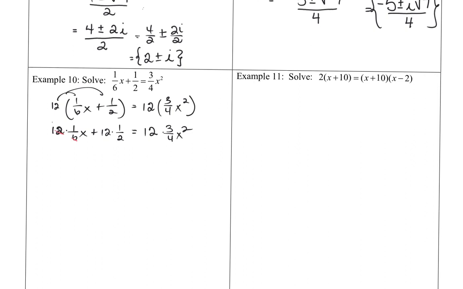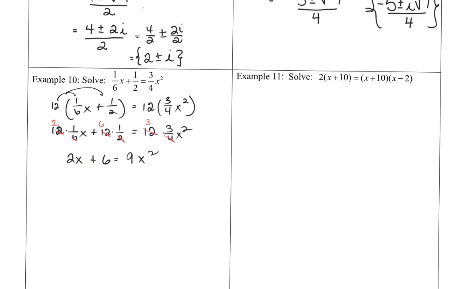Well, 6 divides 12 2 times. 2 divides 12 6 times. And 4 divides 12 3 times. So I've got 2 times 1x, so 2x, plus 6 times 1 is 6. 3 times 3 is 9x squared. And now we've created an equation that's equivalent, but now has no fractions.